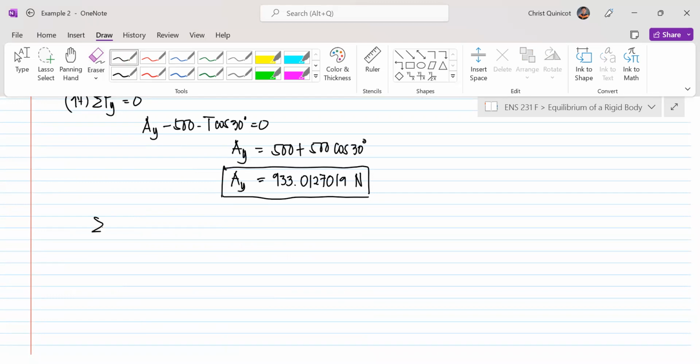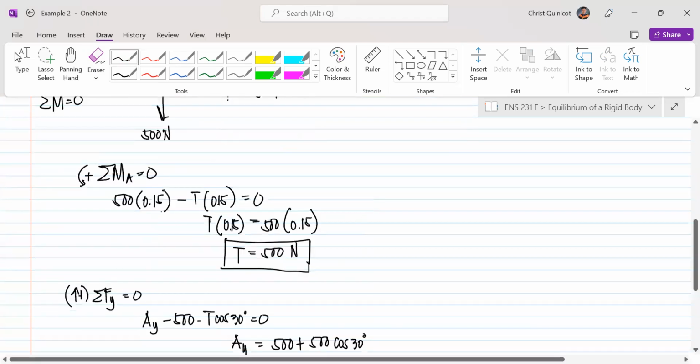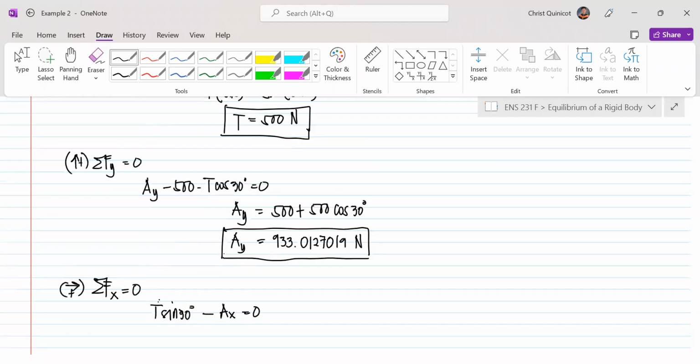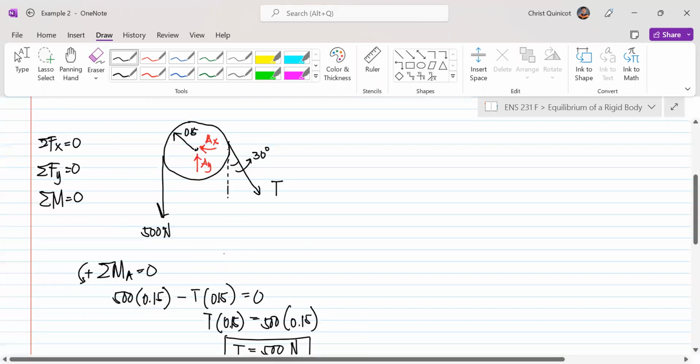Now, summation of forces x is equal to 0, to the right positive. That is T sine 30 degrees minus A sub x is equal to 0, because we are assuming that A sub x is to the left.